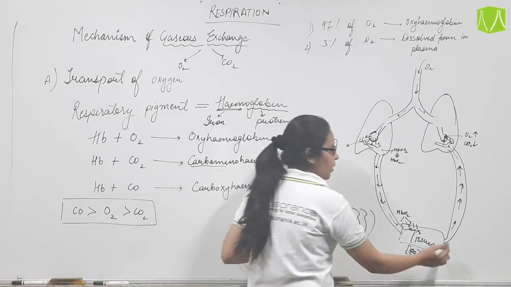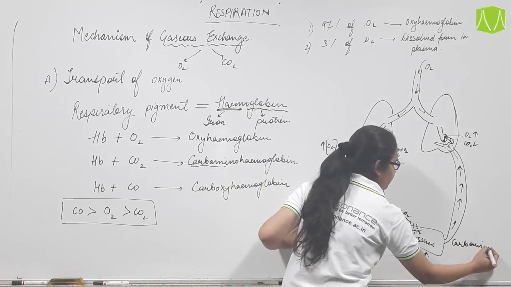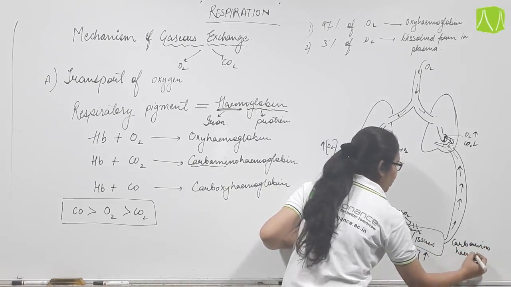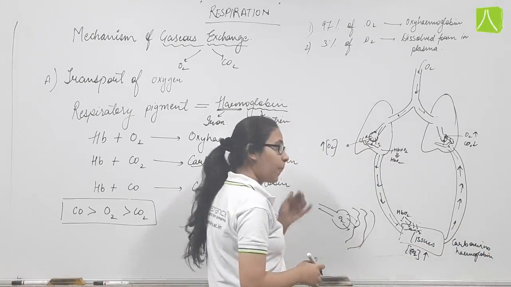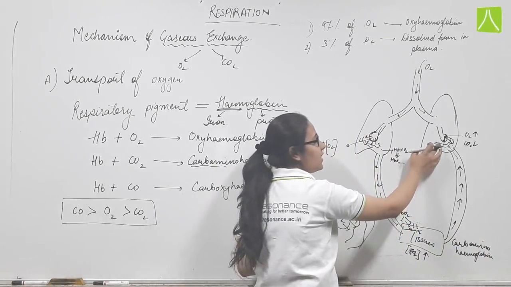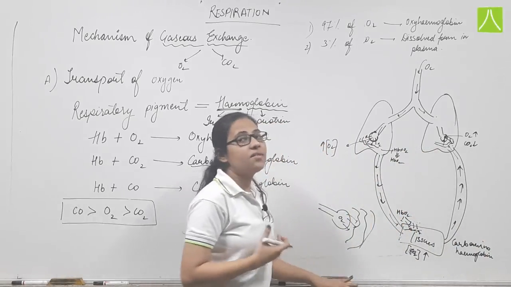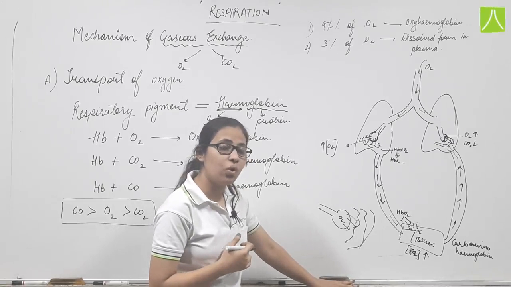That is, carbaminohemoglobin travels through the blood and enters into the lungs, and at the lung side, the concentration of oxygen is high and the concentration of CO2 is low. So what will happen?